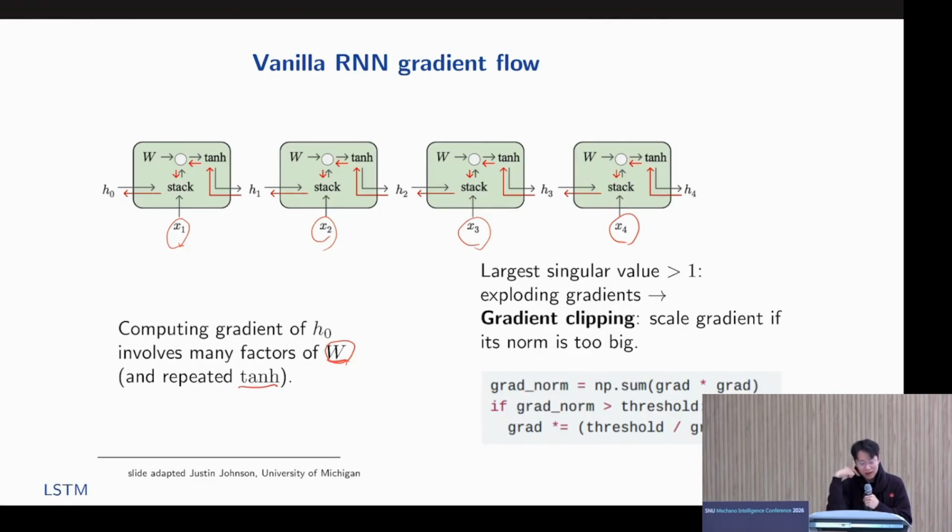We're going to get a NaN. This is easier to handle because we can simply scale the gradient if the norm is too big. So, for example, given a gradient, we compute its L2 norm. If it's greater than some threshold that we set, we can normalize it with its own norm. Because direction is more important than the magnitude for the gradient.